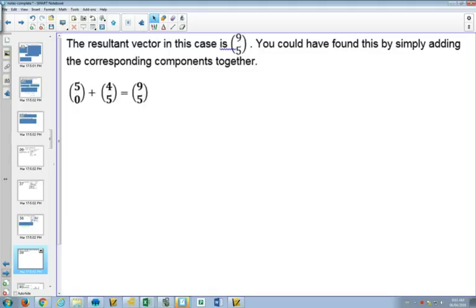So here's our resultant vector, 9, 5, and like we showed before, you could just simply add up those column vectors and add up the corresponding components.